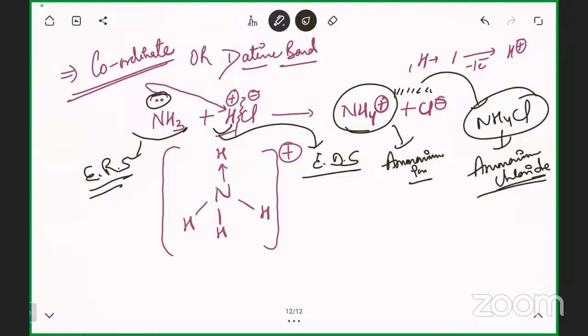Tell me one thing. If I say this ammonium chloride contains all three types of bonding, is this true or not? True, sir. How?